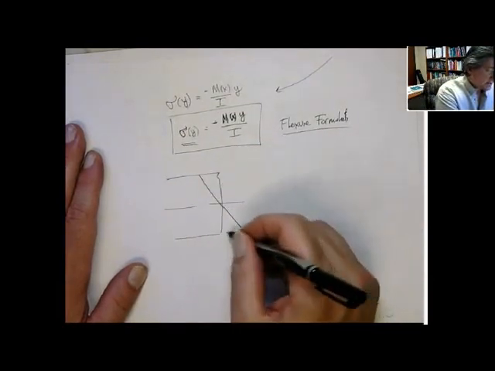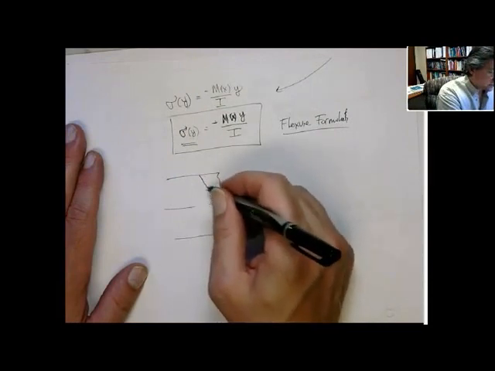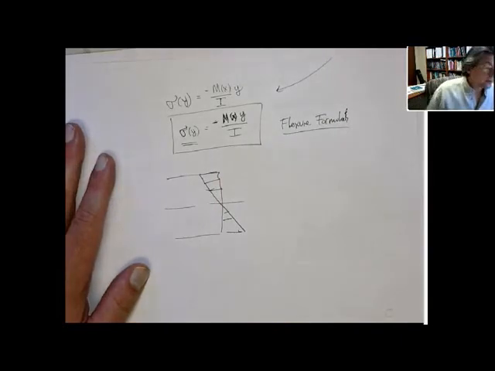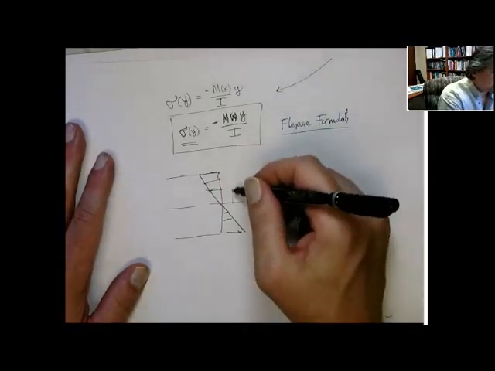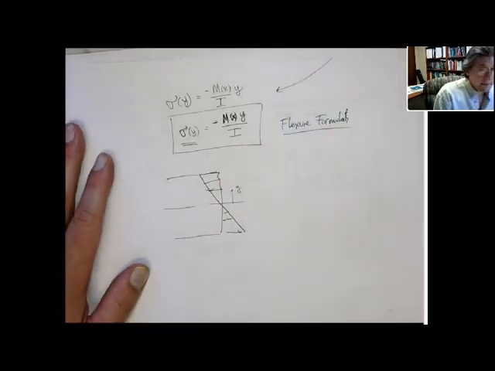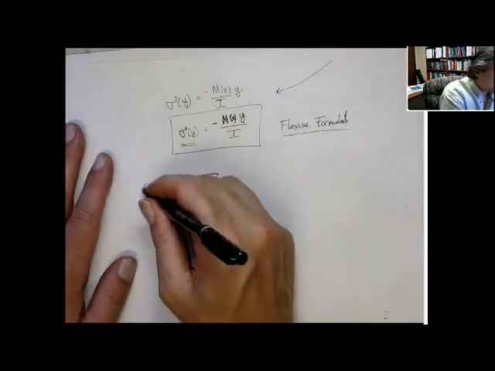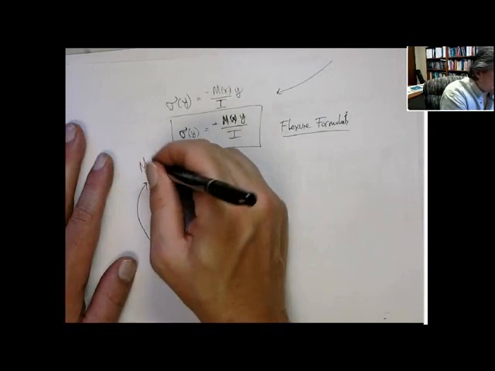So I can determine this stress distribution. Okay, linear. It's related to the distance from the neutral axis, y, and the value of the internal bending moment at that point.